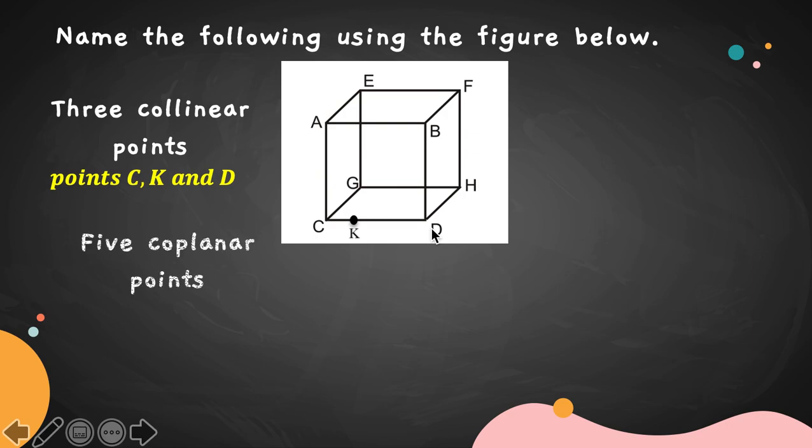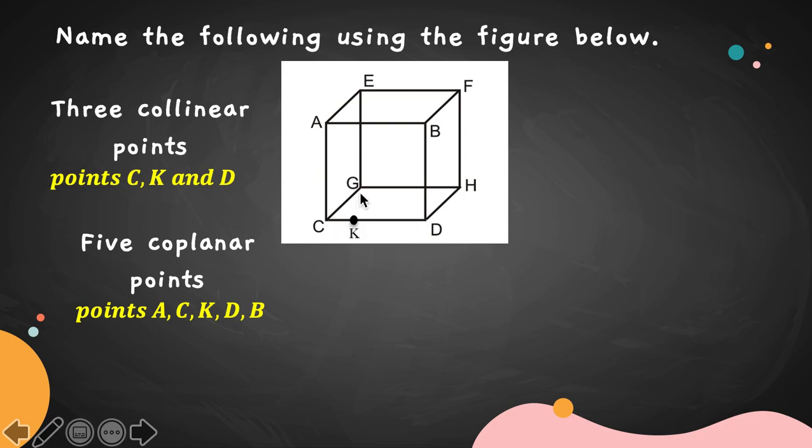Next, five coplanar points. Again, coplanar points are the points that lie on the same plane. I can have here points A, C, K, D, B. As you can see, A, C, D, K, B are on the front face, the front plane. So therefore, we can consider them as coplanar points.